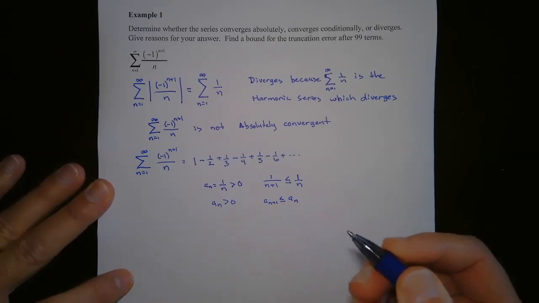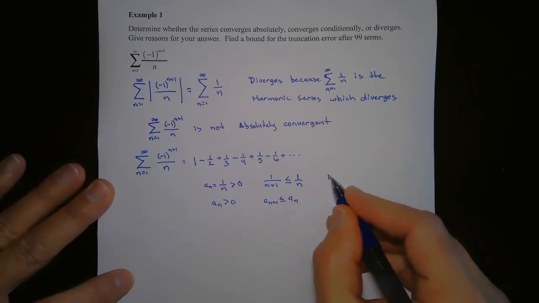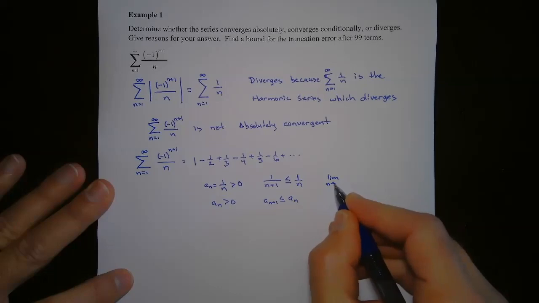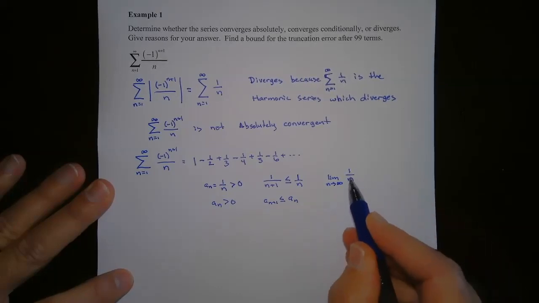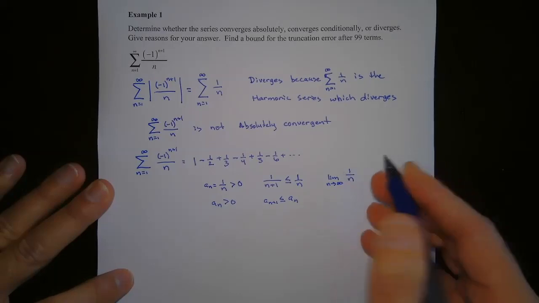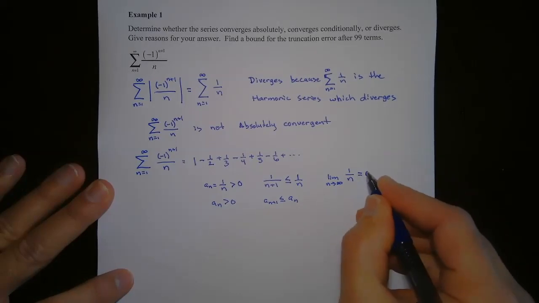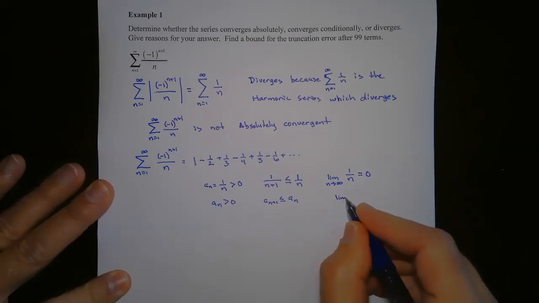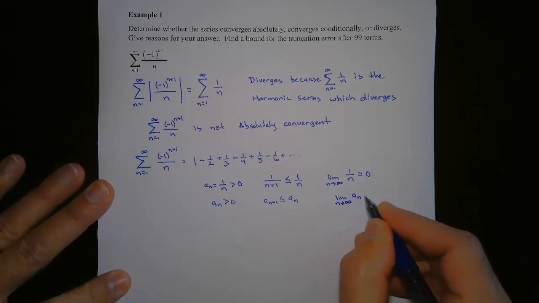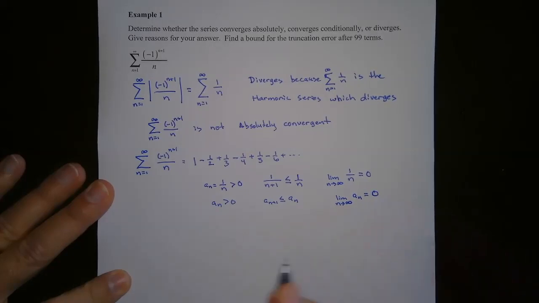The third one is to take the limit as n approaches infinity of 1 over n. This denominator is getting bigger and bigger, the fraction approaches 0, so this is equal to 0. So we've established the third piece, the limit as n approaches infinity of a sub n is equal to 0. We've established these three things.